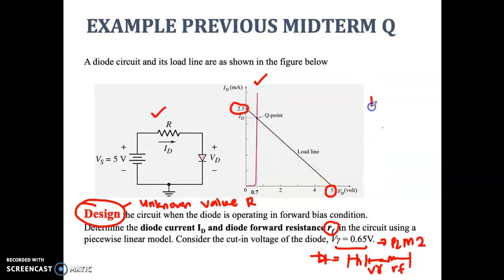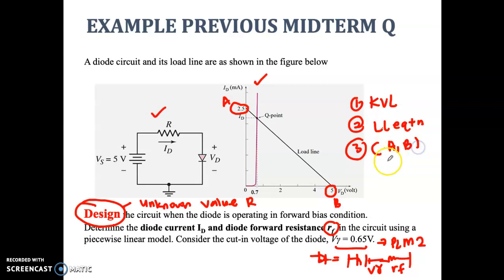Come up with: number 1, the KVL equation; number 2, the load line equation; number 3, the intersection of point A and point B. Once you got the intersection, move to question number 2, where you are going to replace your diode with V gamma and RF. We will discuss this question in detail in the next unit session.